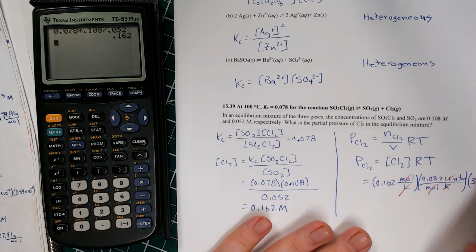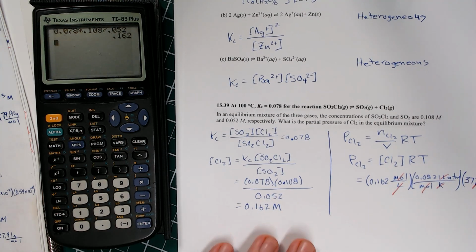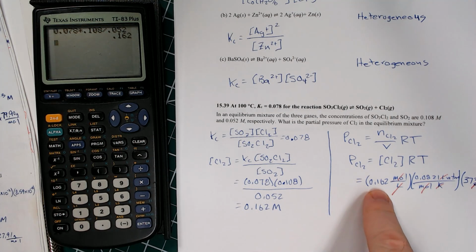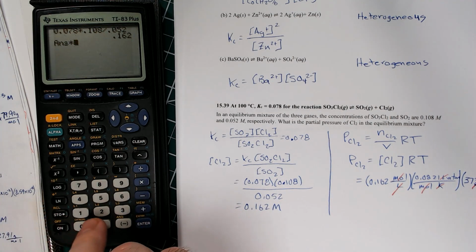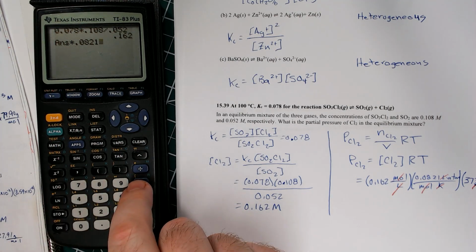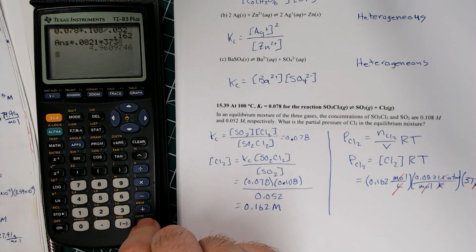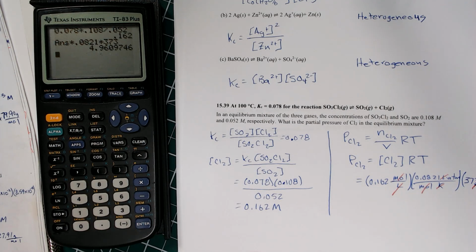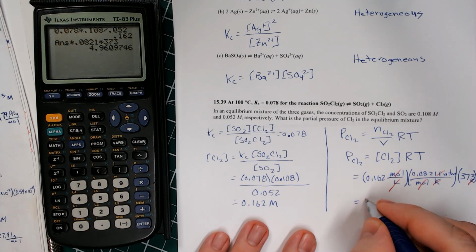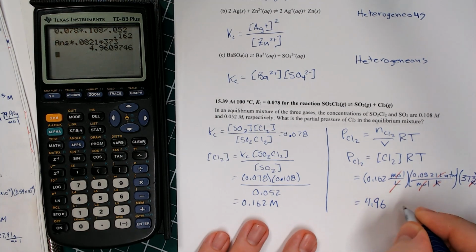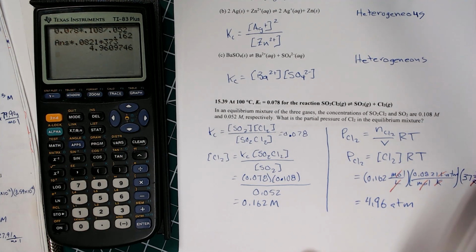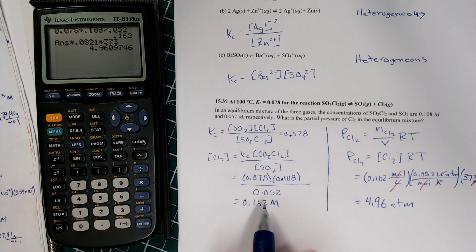We're going to be left with our answer in atmospheres. So we'll take the 0.162 times 0.0821 times 373. And that's going to give us 4.96 atmospheres.